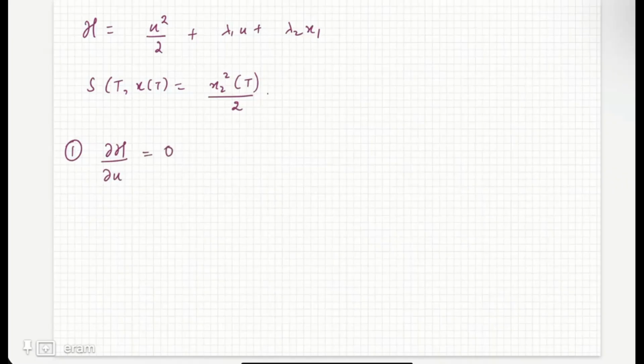Okay, now let's impose the conditions of optimality. The del H by del u should be 0, so that would give us the expression u equals minus lambda 1.